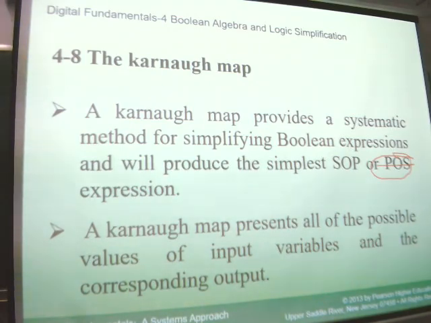Second, our kernel map presents all of the possible values of input variables and the corresponding output.